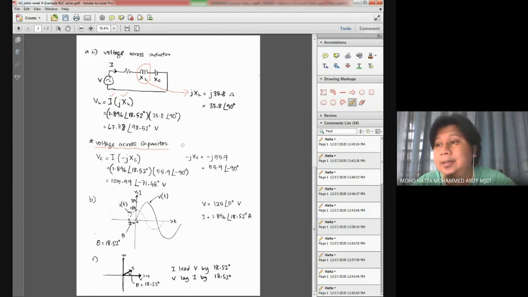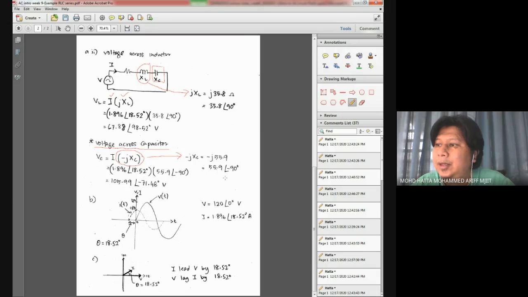And here I put some additional calculation in case you need to calculate the voltage across the capacitor, though it is not asked in the question. If you need to calculate the voltage across the capacitor, you need to use Ohm's law. Here the Z you apply is negative JXC, which represents the capacitor component, and it is given by negative J55.9.